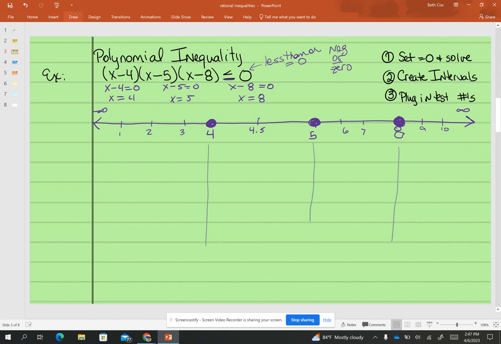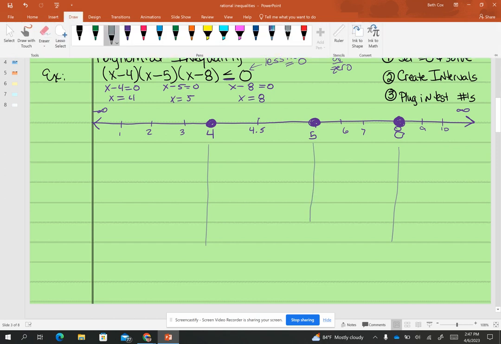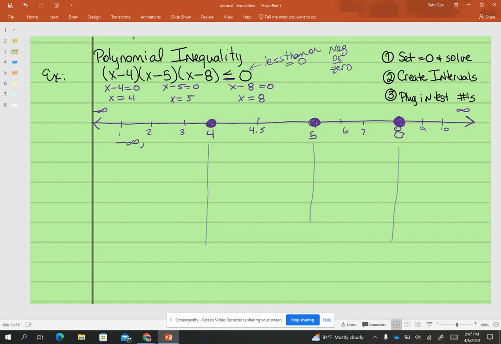And so this first one, I'm going to test a number. This is the interval negative infinity to 4, and it's closed. I'm going to test 2. So I'm going to plug in 2 to my polynomial: 2 minus 4, 2 minus 5, and 2 minus 8. Now, I'm not actually going to do it.